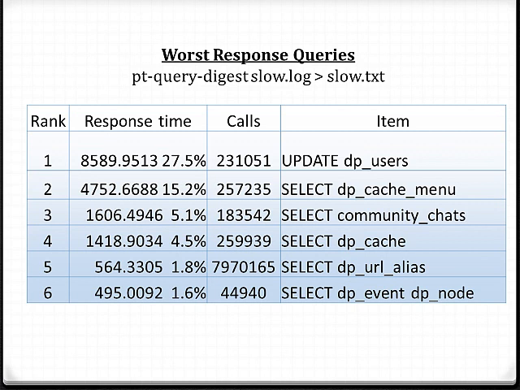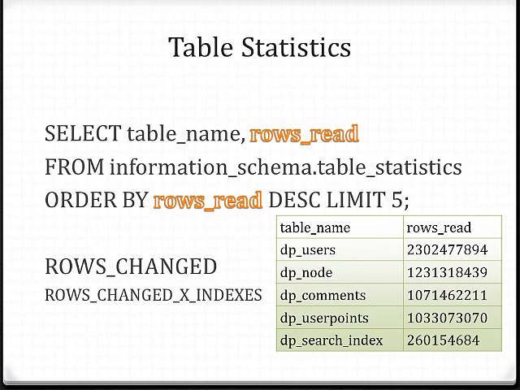This is just SQL queries, select or update, insert, delete, and I may decide to go with Drupal users as my bottleneck table just from this, because it tells me Drupal users is the worst one, 27%. I may focus on that. I may not. I may choose the second one afterwards. It depends. So the table statistics, you can see here that I showed you an example of table rows read.